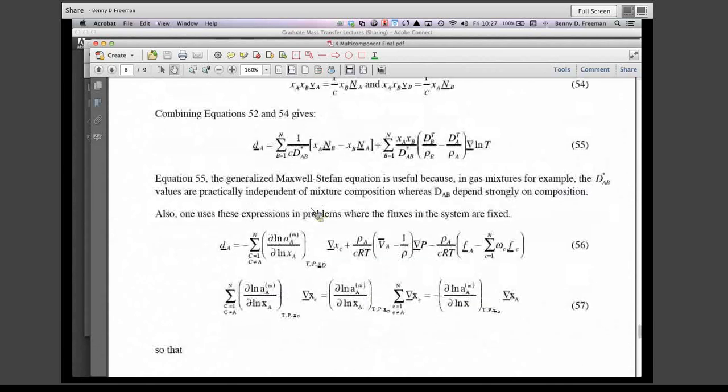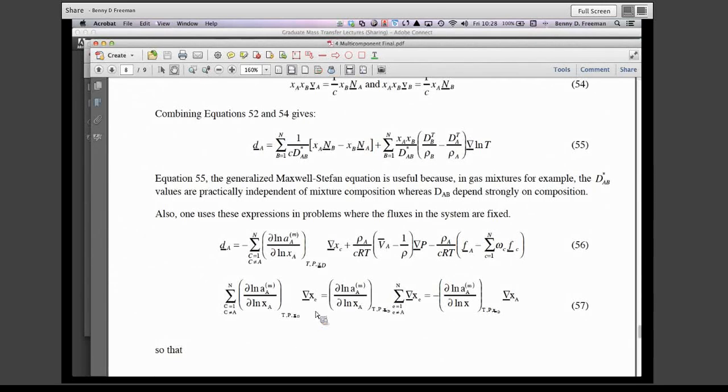If we further write the generalized driving force as shown here in equation 56, you can imagine putting this on the left-hand side of equation 55 to get the most generalized form of the Maxwell-Stefan equations.